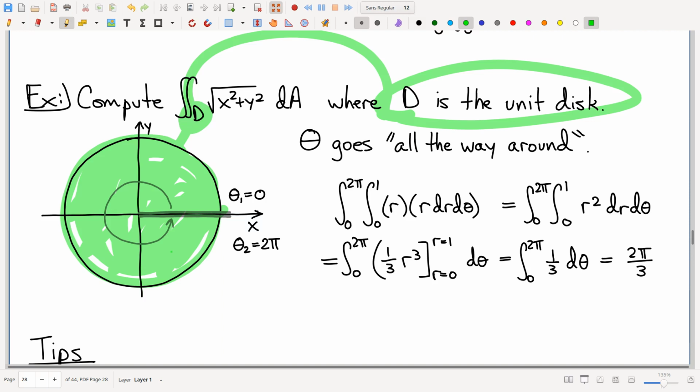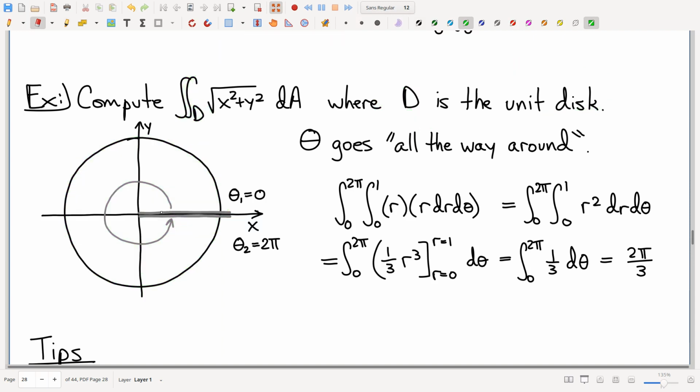But let's do this using the polar coordinates as a change of variables function. And what do our theta slices look like? Well, our theta slices start here, where theta is equal to 0.